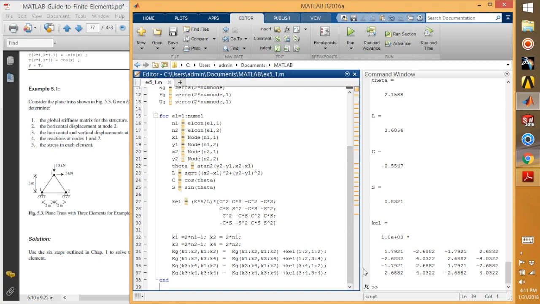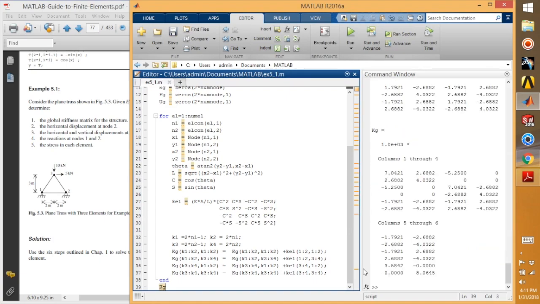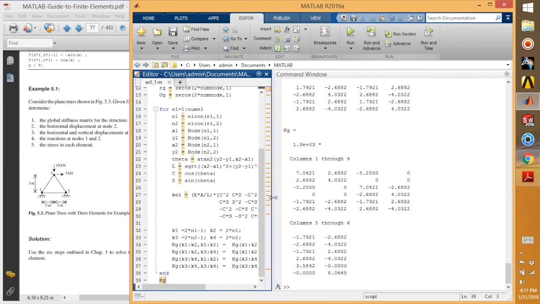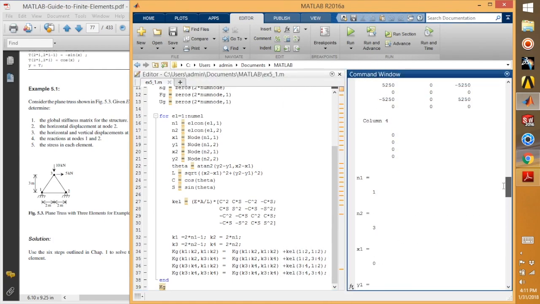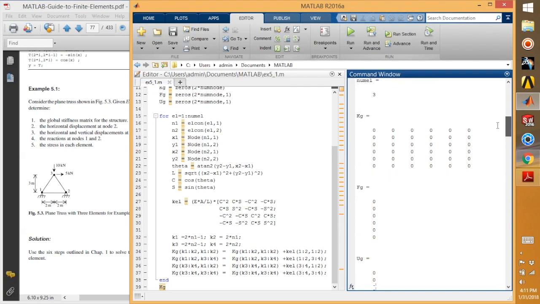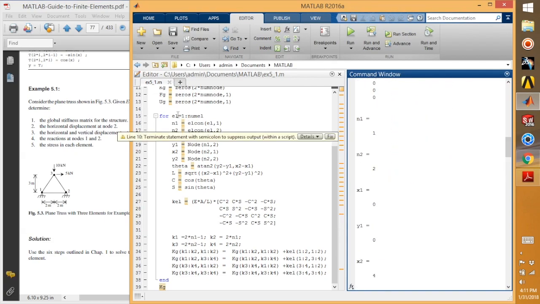So what this code is doing, in a very short description, is taking each element from 1 to 3, calculating its n1, n2, node 1 and node 2, then x1, y1, x2, y2, theta, similarly L, cos theta, and sin theta.